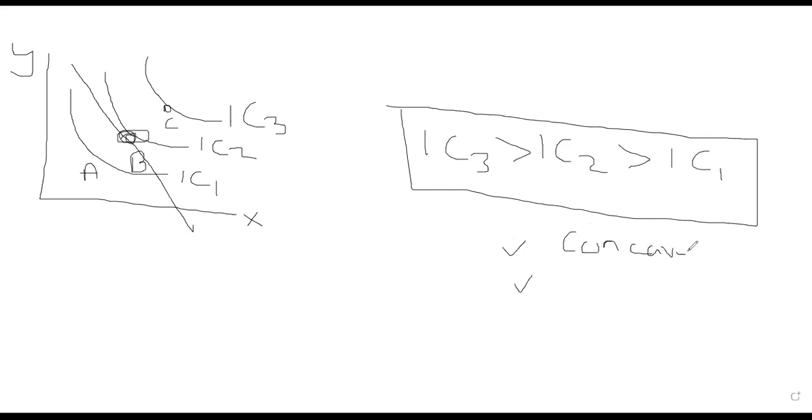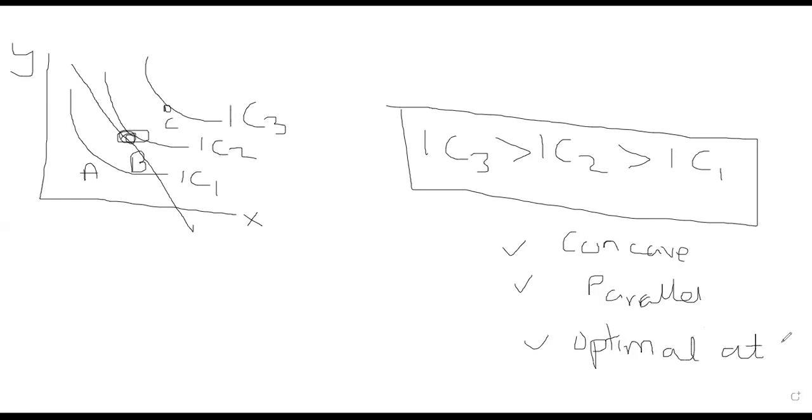They are parallel, they are optimal at point B. And B is a point where the budget line is tangent to the indifference curve.